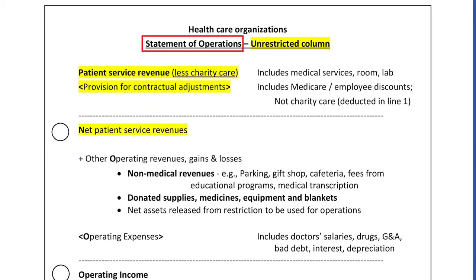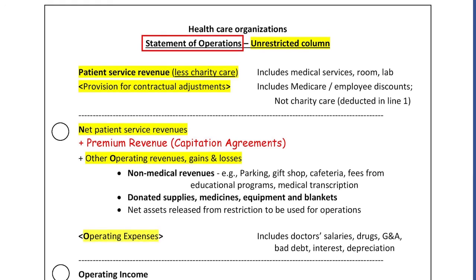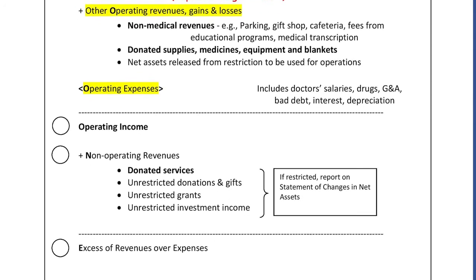On top of that, we've got plus premium revenue from capitation agreements, plus other operating revenues, gains and losses, less operating expenses, which gets us to operating income.